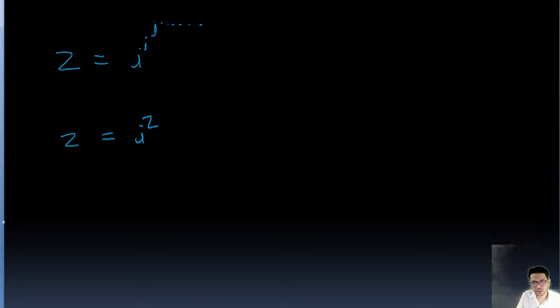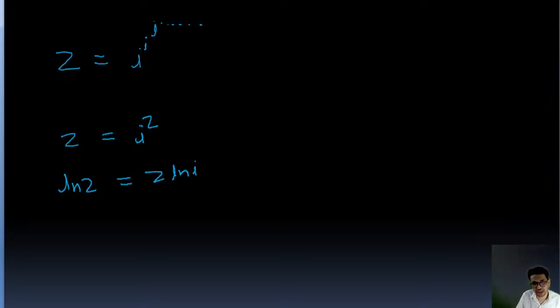Now very simple, we'll take ln on both sides. So ln z is going to be z ln i. We have taken ln z, and this is ln i to the power z.